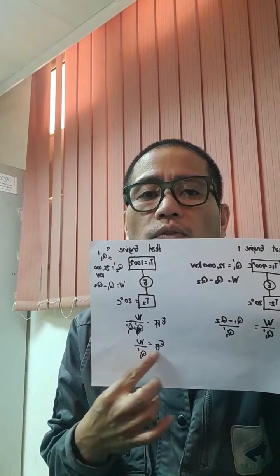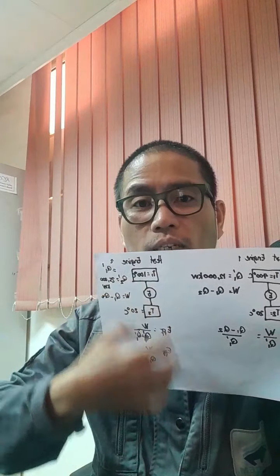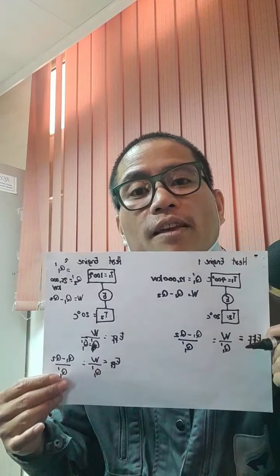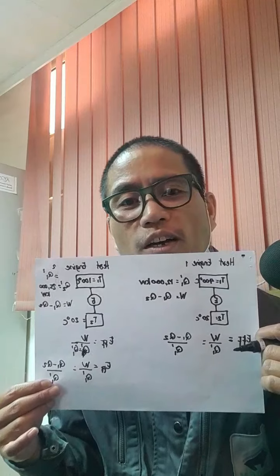So efficiency is equal to work over Q1 apostrophe, and work is equal to Q1 apostrophe minus Q2 apostrophe. This is just a representation in this system only. They actually have the same formula because this is the same heat engine in the second law of thermodynamics.